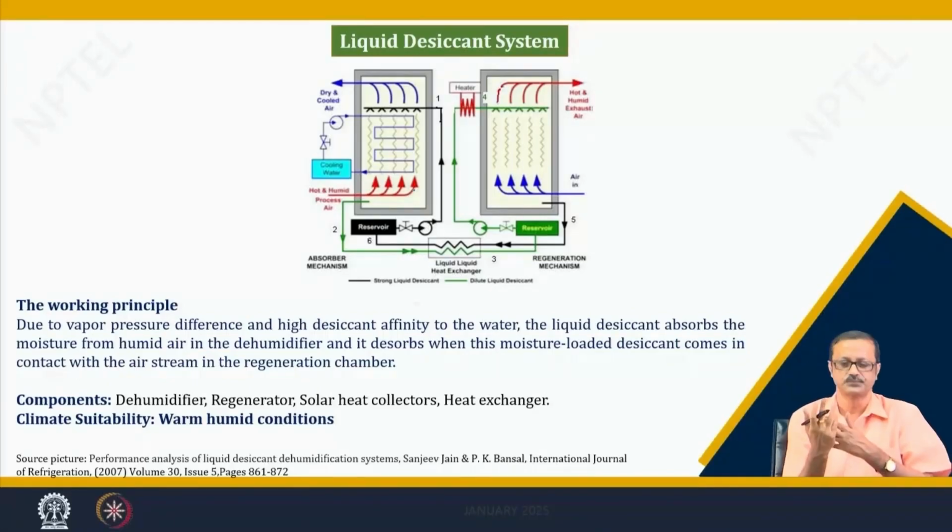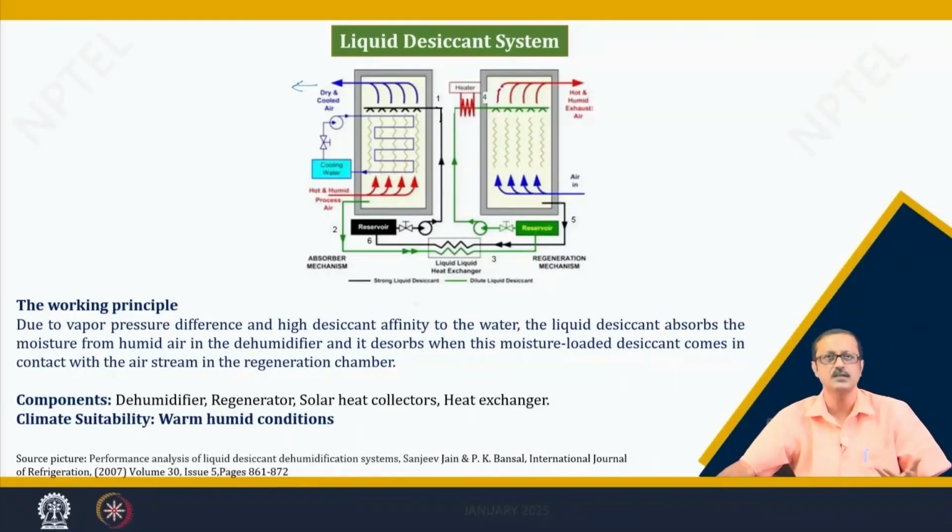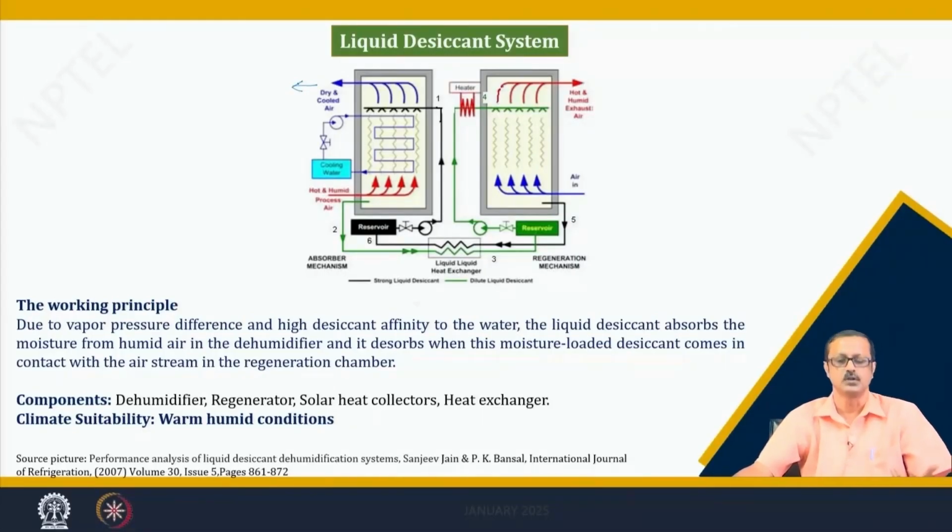There will be a contact, and due to that contact it is going to lose the moisture. So, a dry and cool air will come out, and that will be the treated air. It will have less humidity and will also be cooled, so it can be used in the warm and humid climate.